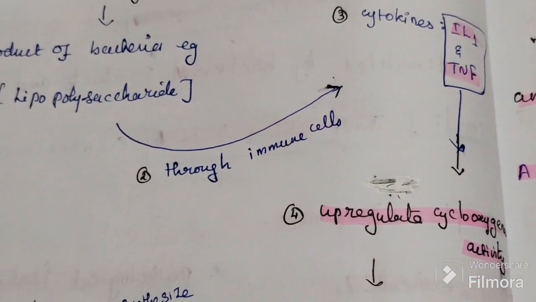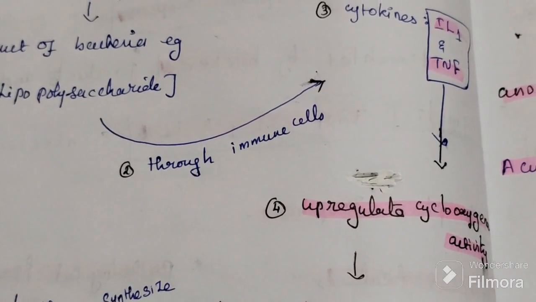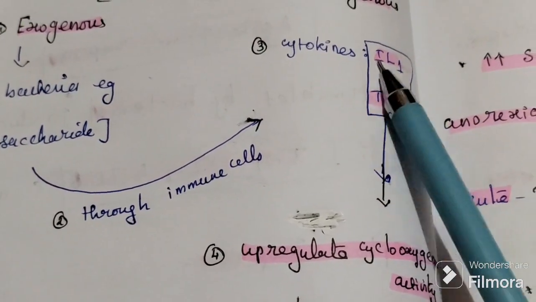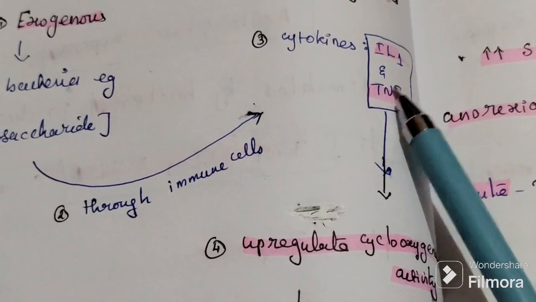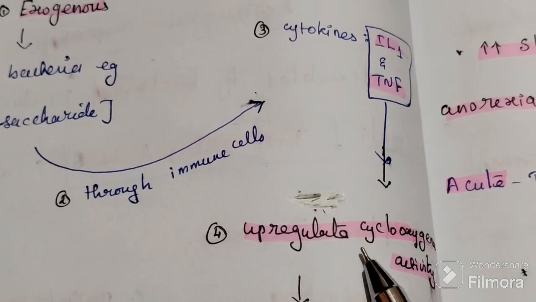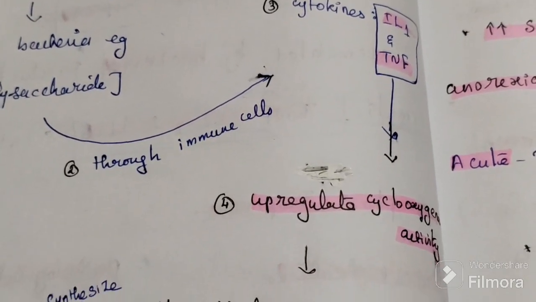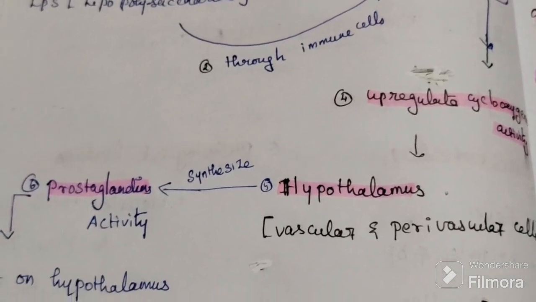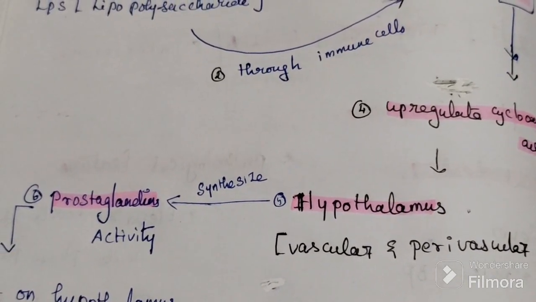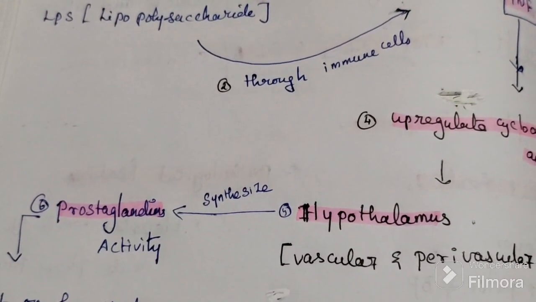These two cytokines upgrade, that means increase, cyclooxygenase activity, and then they produce prostaglandin.